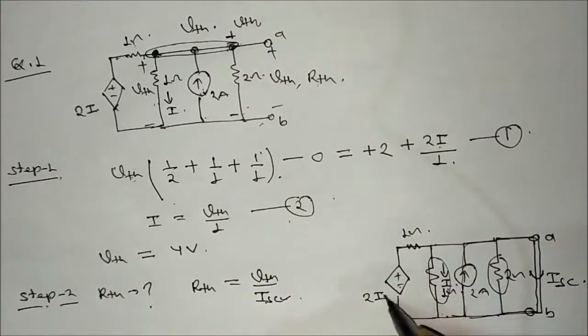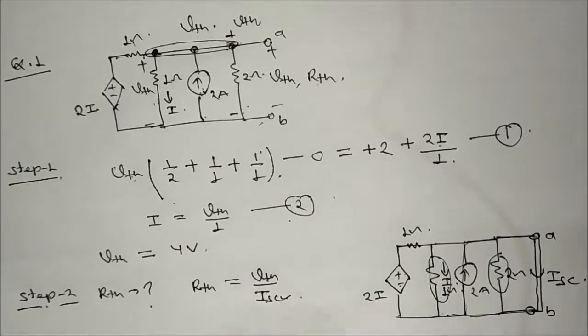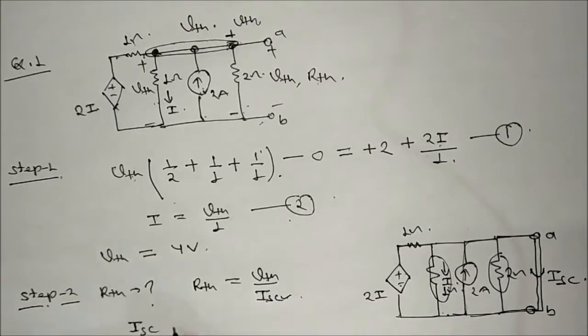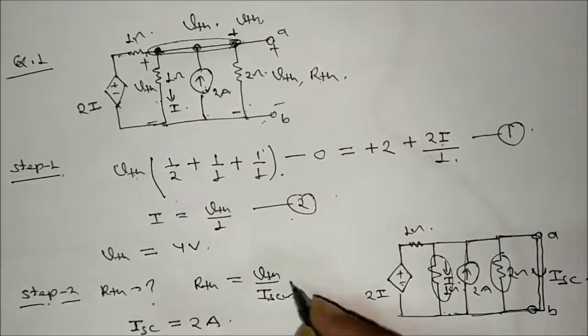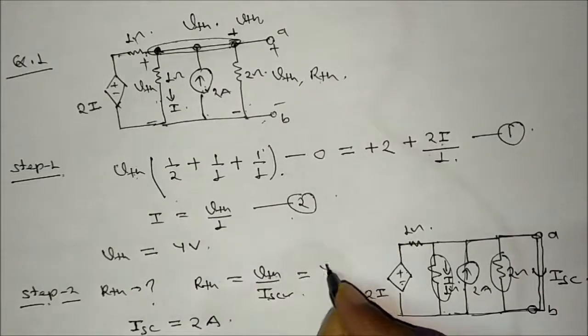If this current is 0, this will be 0. 0 volt means this is also shorted. What I will get? I will get ISC equal to exactly 2 ampere. So if we know the ISC value, we can say that RTH is equal to 4 divided by 2, that is equal to 2.